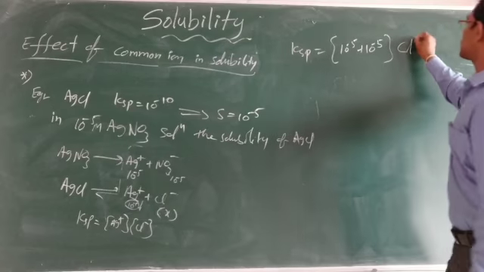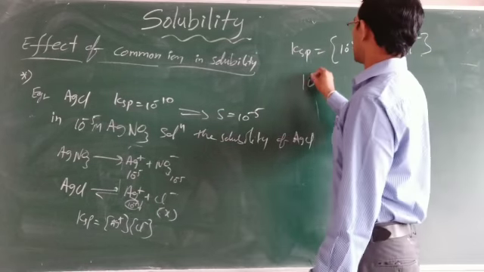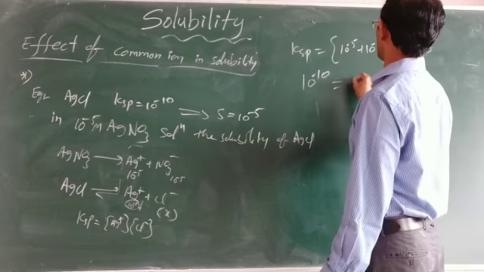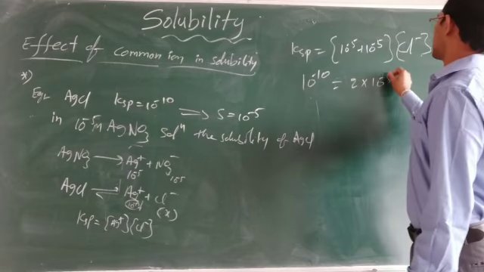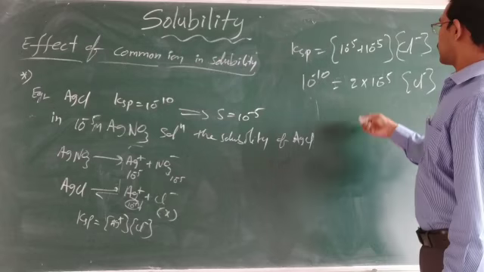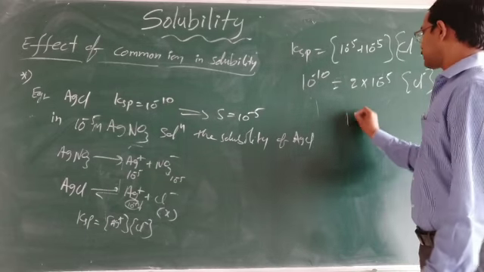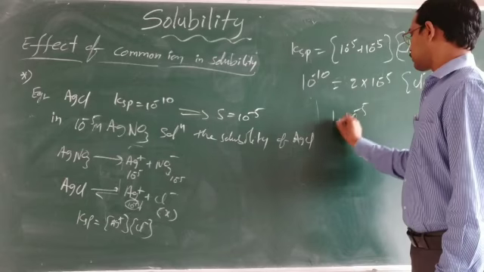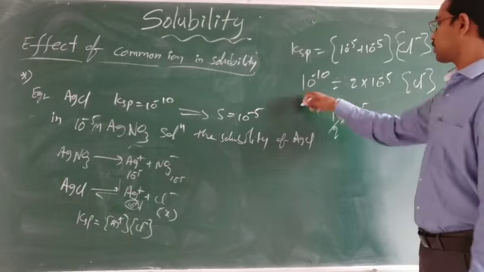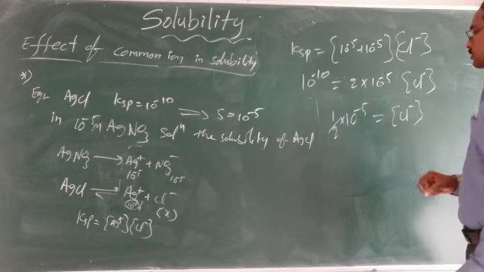The Cl minus concentration is unknown. Ksp is 10 power minus 10, which was already there, equals 2 into 10 power minus 5 times the Cl minus concentration. Then 10 power minus 5 and 10 power minus 5 get cancelled, leaving 10 power minus 5 times 1 by 2. This 2 goes down, equals the Cl minus concentration.